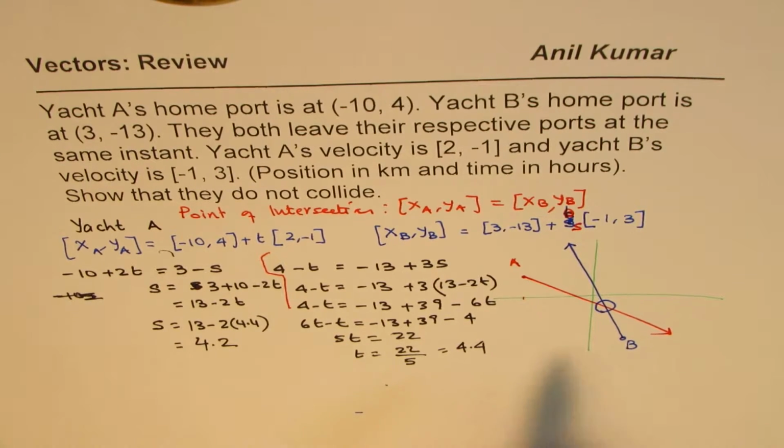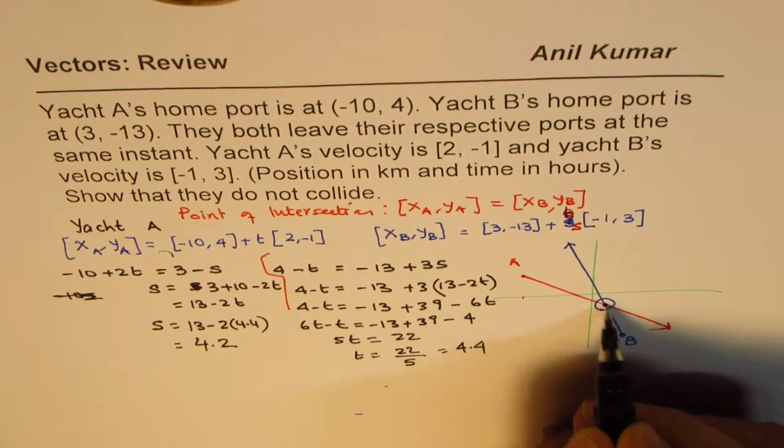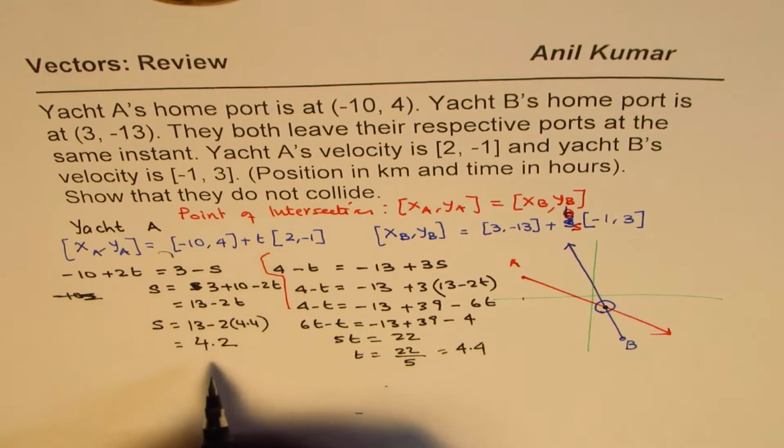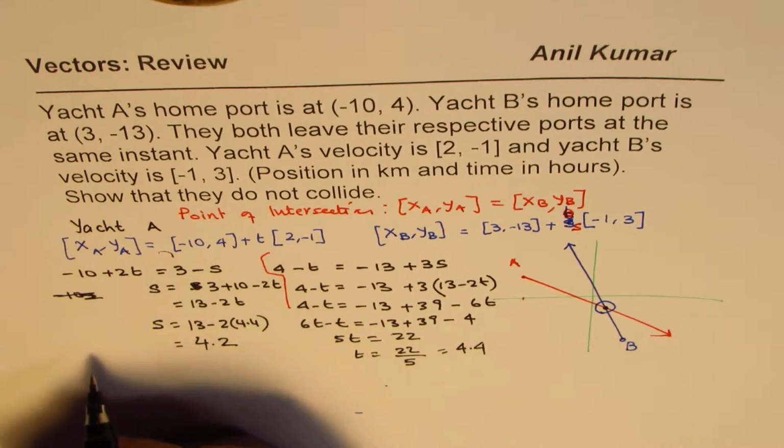Perfect. And we can find the position where they cross by substituting these values. So for A, what is XA, YA?